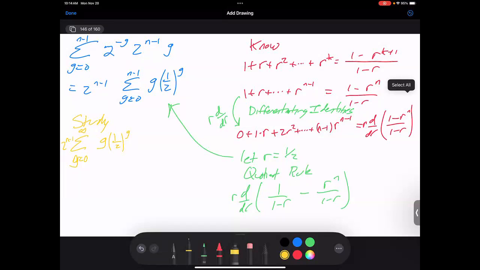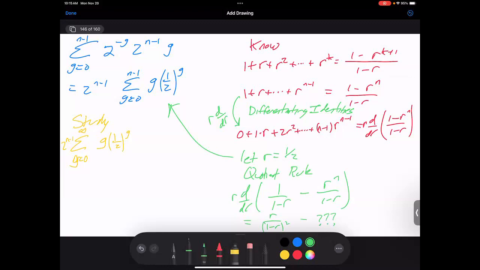And so now, when you do the algebra, what's the derivative of 1 over 1 minus r? It's going to be -1 times 1 minus r to the -2, and then you get another negative from the derivative of this. So it's going to be 1 over 1 minus r to the -2. We multiply by r, so we get r over 1 minus r squared minus something.